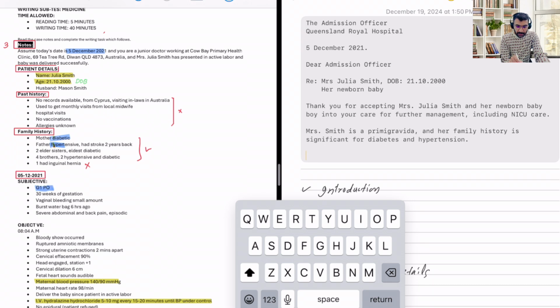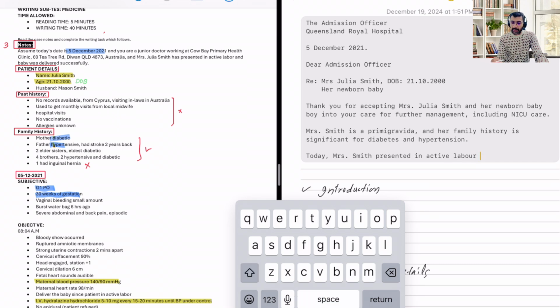So what we'll write today: Mrs. Smith presented in active labor at 30 weeks of her gestation.